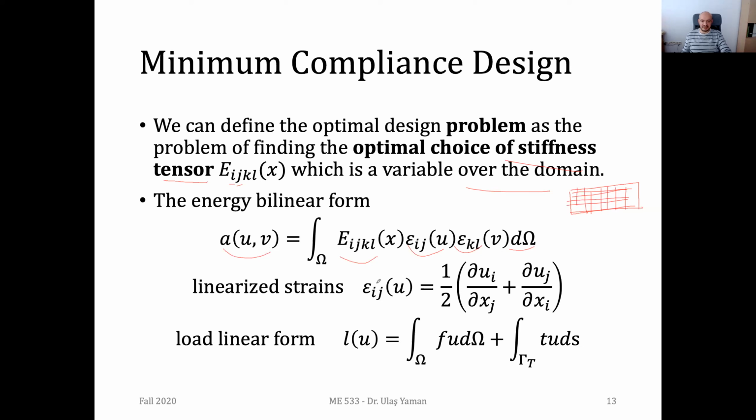For the strains, we are using the linearized strain equations. And for the loads, again, we have a linear form. We have traction forces and we have body forces. If you take the integrals, then you can obtain the resulting force on this part.